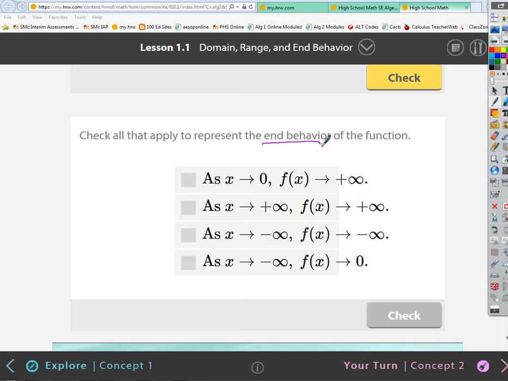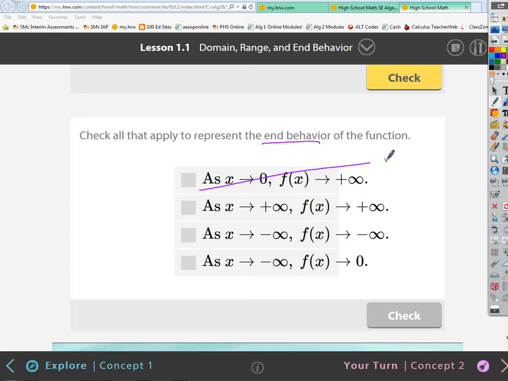So end behavior has to start with something like, as x approaches positive infinity. So if we go infinitely far to the right, what does the function do? Or if we go infinitely far to the left, as x approaches negative infinity. So this one doesn't even make sense as end behavior, right? Because x is just sticking around right in the middle. We want it to go way out in those directions.